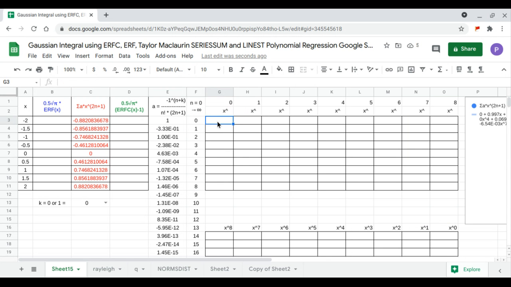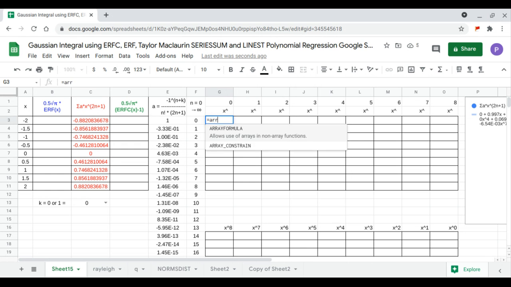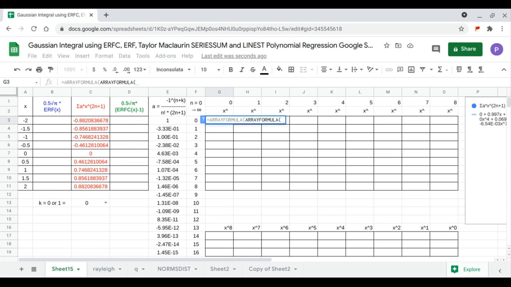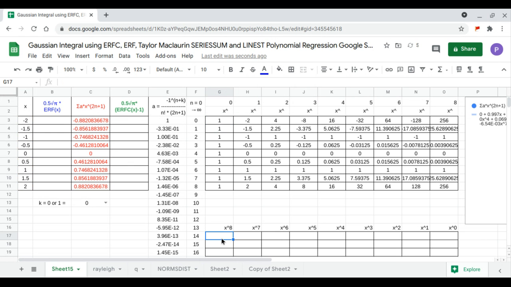To complete the LINEST matrix, array formula of the x values raised to the power 0 to 8. Now we calculate LINEST, which is equal to LINEST of data y and data x.